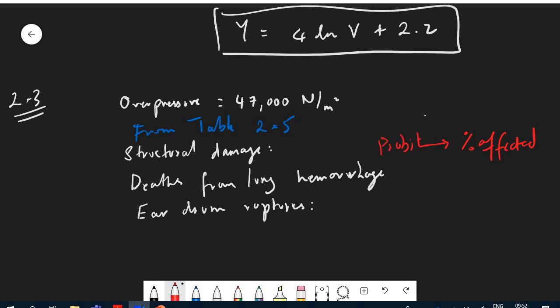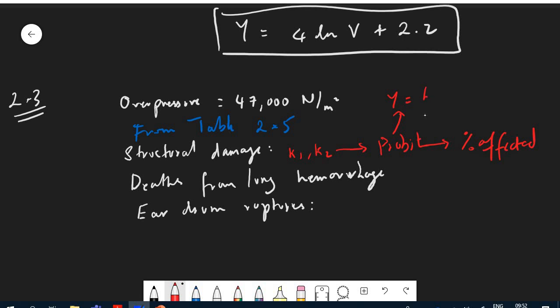And to find the probit, we need the values of K1 and K2, right? Why? Because what is the probit equal to?